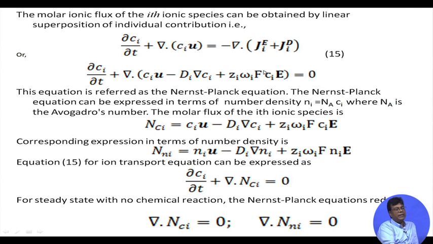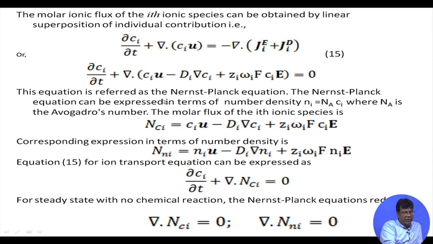If it is a neutral solvent, any other kind of solvent, this part would have been 0. So, this last term, the electromigration term, is neglected. This is also referred to as the basic mass transport equation.